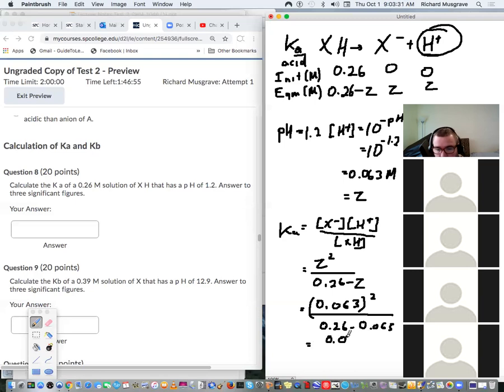What you want to do there is do the subtraction part separately, and then come out with your Ka value. And for that one, I get 0.0198, or 0.020.